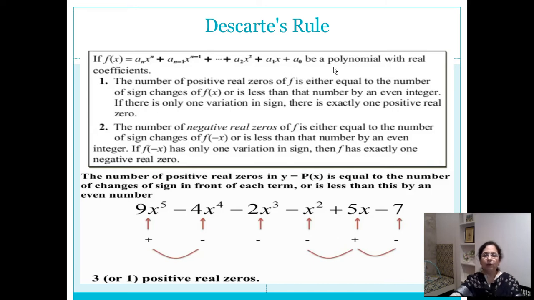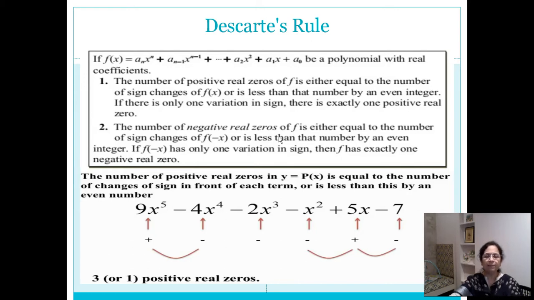The same polynomial expression, if we replace x with minus x and rearrange the terms on the right hand side as per the sign changes and count the number of sign changes, Descartes' rule says that the number of negative real zeros is either equal to the number of sign changes of f(-x) or is less than that number by an even integer.